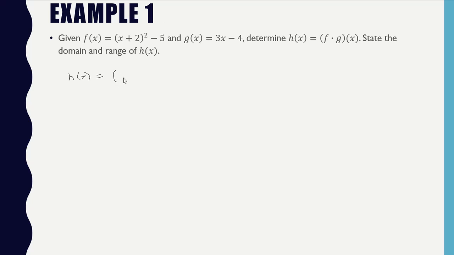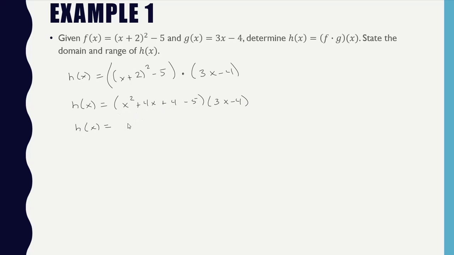So we're going to have (x plus 2) squared minus 5, and then multiply that by 3x minus 4. Now, before I go and maybe try to FOIL this, I'm going to see if I can do some more simplification in here. So that's a perfect square, so it's going to become x squared plus 4x plus 4 minus 5, still all times 3x minus 4.